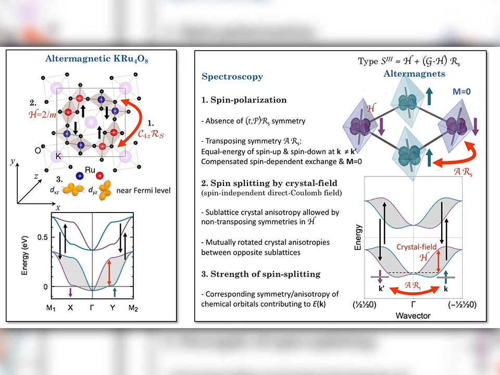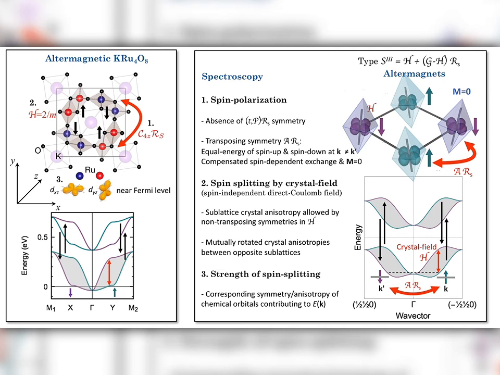And when we look at what is the symmetry operation that connects the opposite spin sublattices, it's this 90-degree rotation. So these are the requirements for having this large momentum dependent spin splitting, and these are the ab initio bands, and as you see, they perfectly correspond to our model consideration.